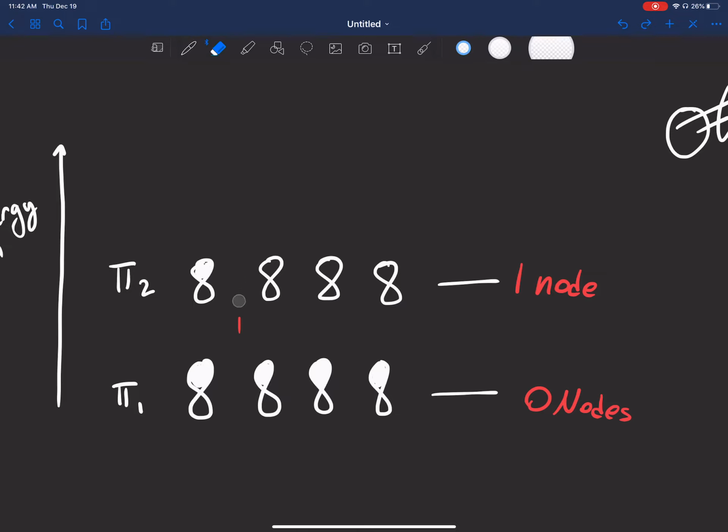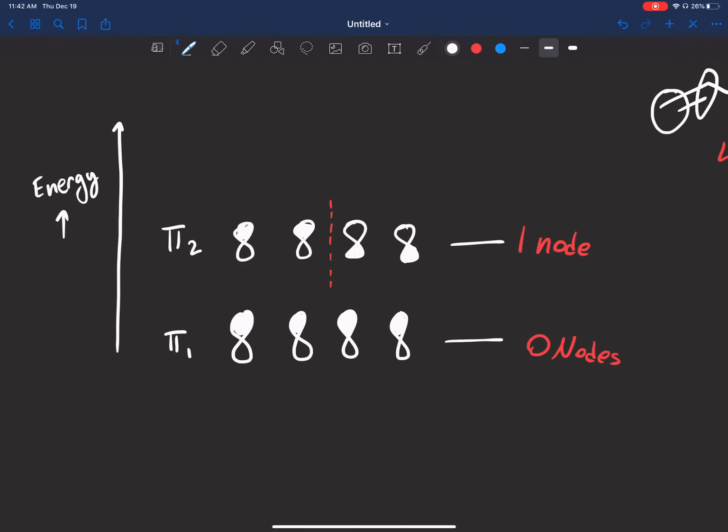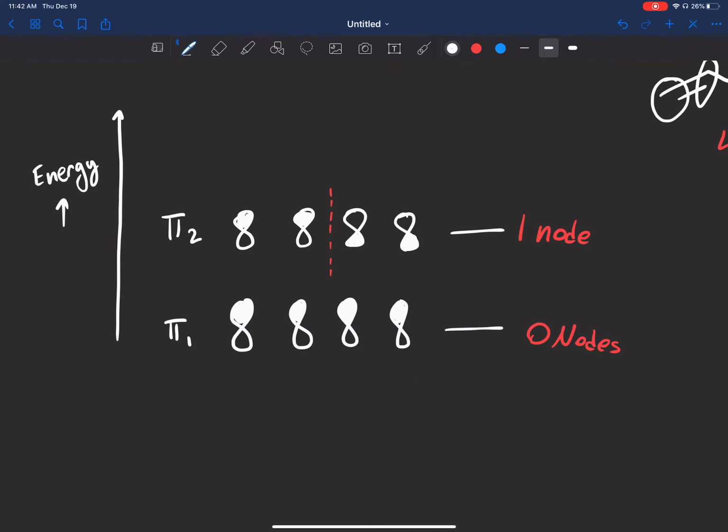So we're going to move this node and put it right down the middle, because now these are going to be shaded in the same color, and these will be shaded the opposite. You can see that in the first molecular orbital, everything overlapped. This is the most stable form. Now, in the second molecular orbital, these 2 overlap, and these 2 overlap, but not all 4 together. And so we have the 1 node.